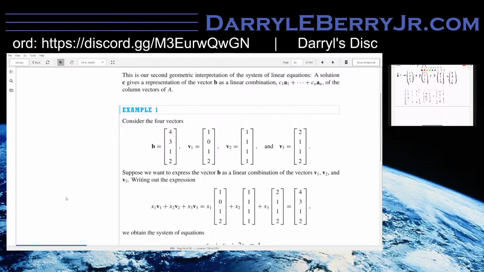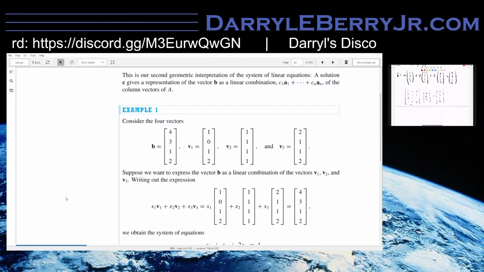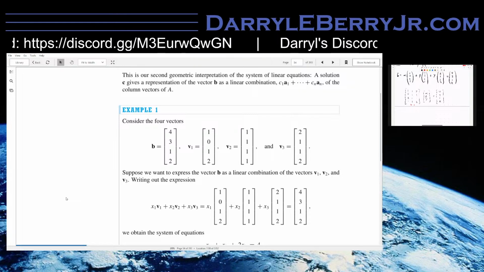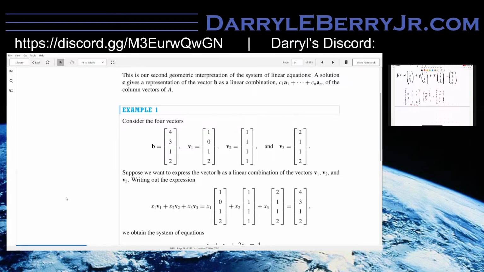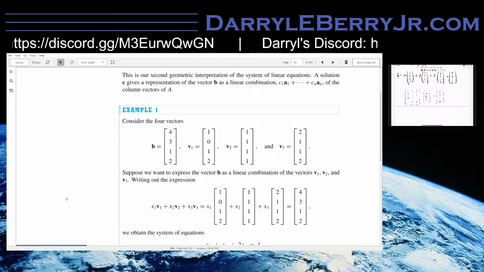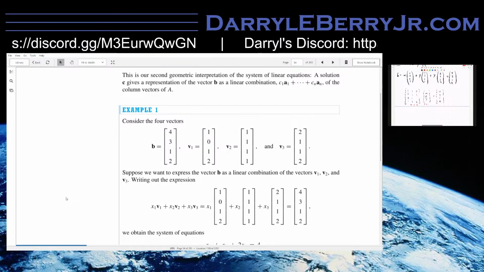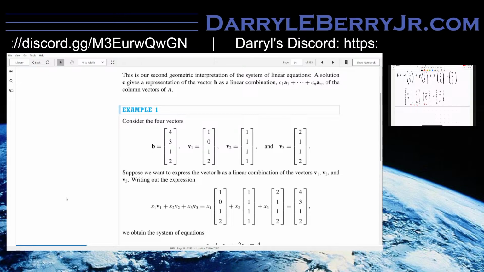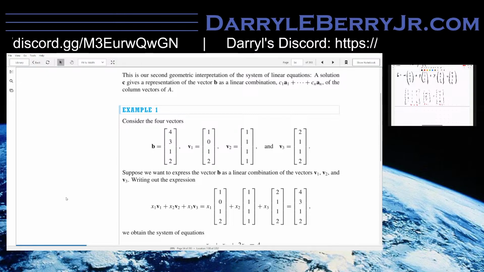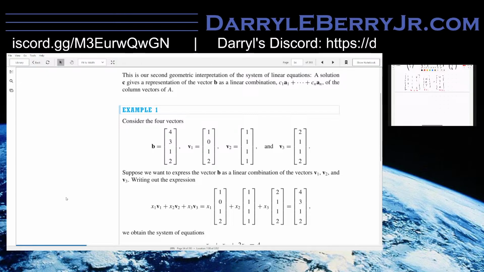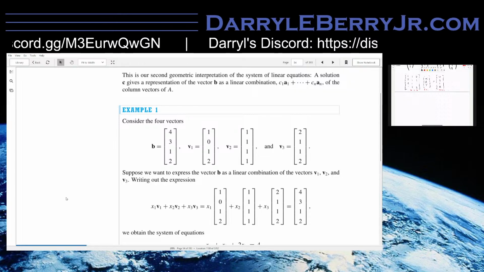And using the notation that we had earlier, this is a 4 by 3, 4 rows, 3 columns. And this is a 3 by 1, 3 rows, 1 column. And as you can see, it does in fact equal a 4 by 1. So the system is working properly.